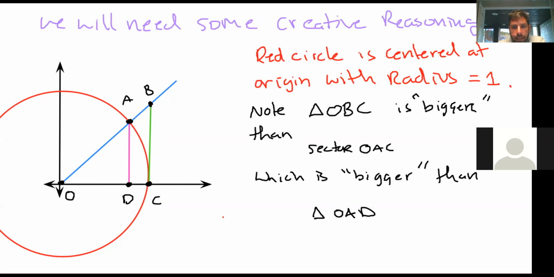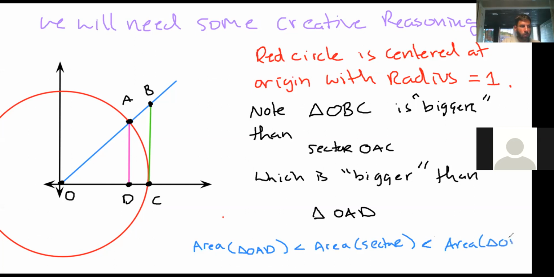So if we write that in more specific language, this means the area of triangle OAD must be less than the area of the sector, which must be less than the area of triangle OBC.